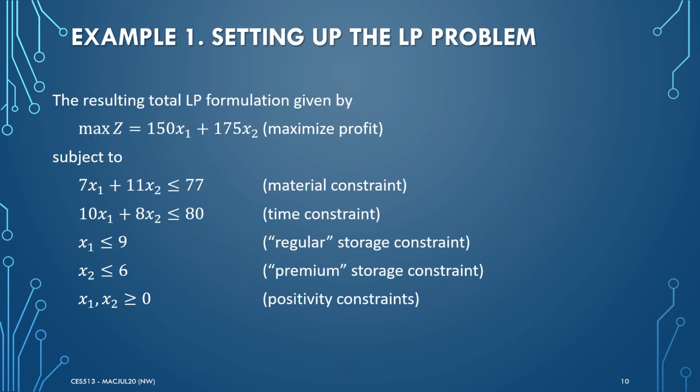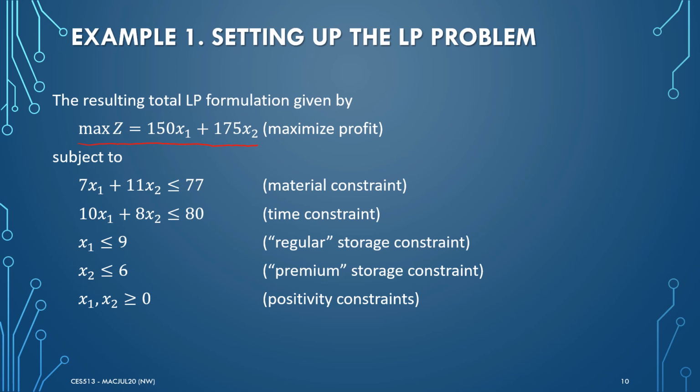Thus, the resulting total linear programming formulation is given by maximum Z equal to 150x1 plus 175x2, which is the maximized profit.